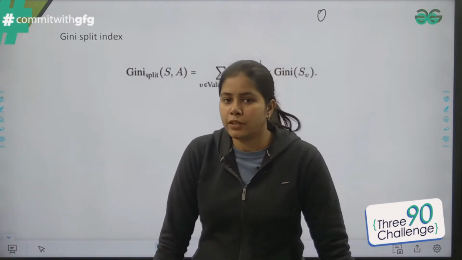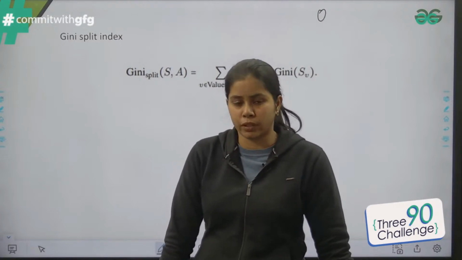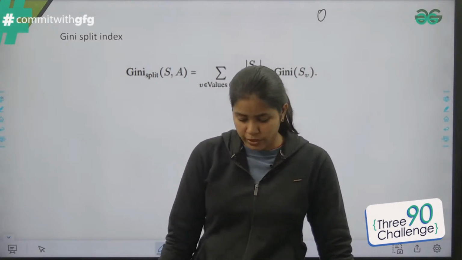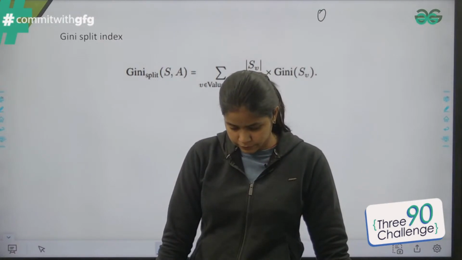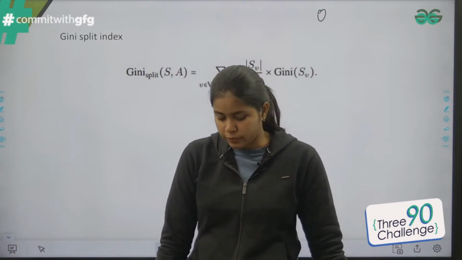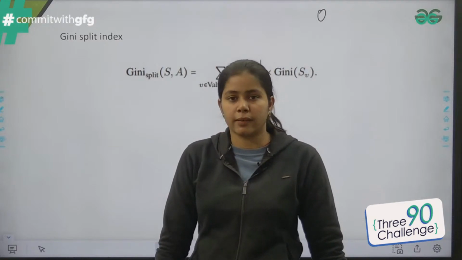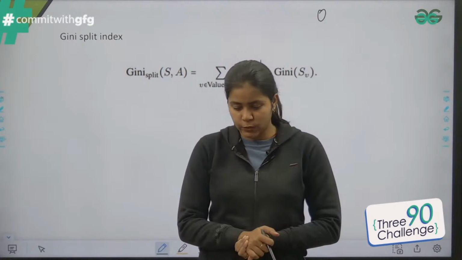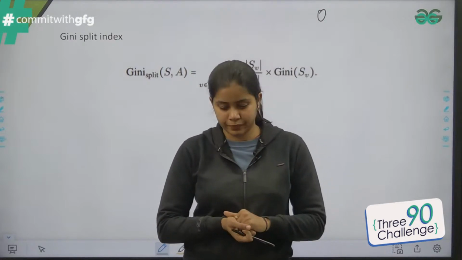So we'll do either pre-pruning or post-pruning, so you can go a little bit in depth on these topics. We'll discuss that as well. Okay, so that's all from my side. We are going to continue in the next session.